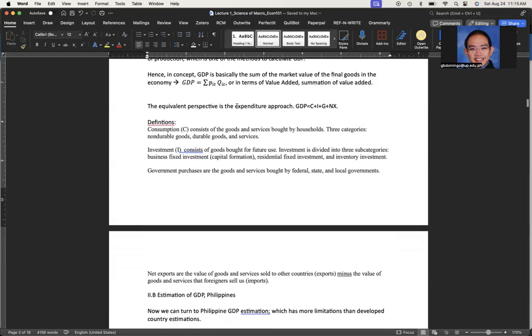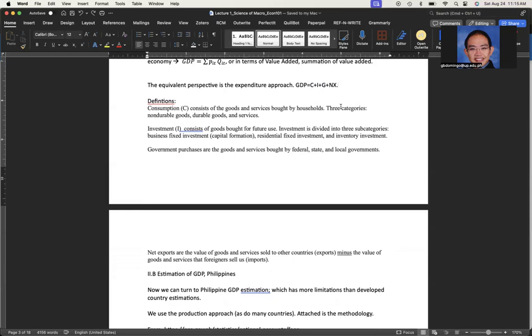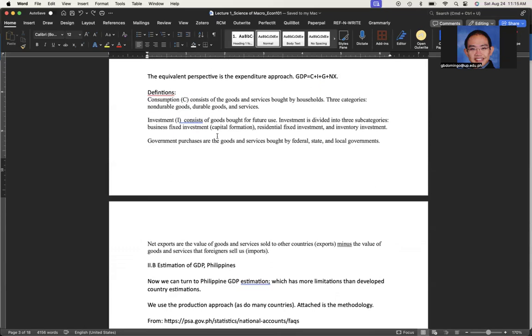And here you have the expenditure approach where GDP is divided into consumption, investment, government spending, and net exports. So consumption consists of goods and services bought by households. Three categories: non-durable goods, durable goods, and services.